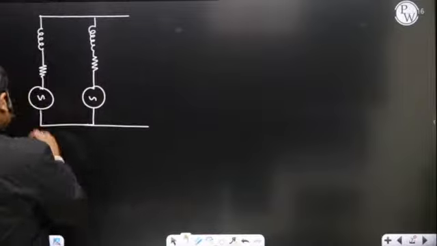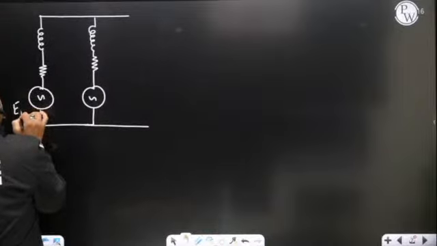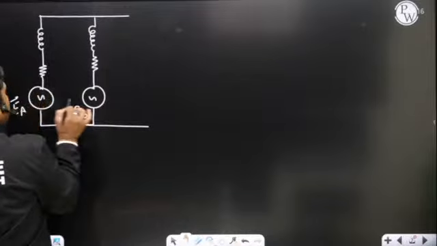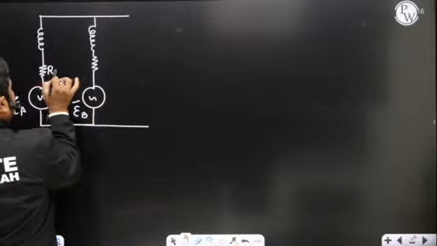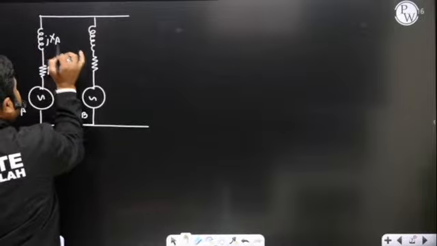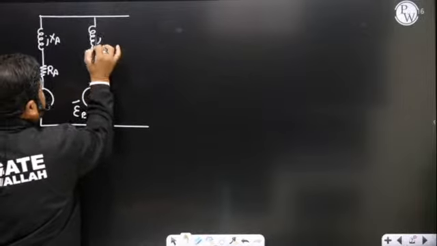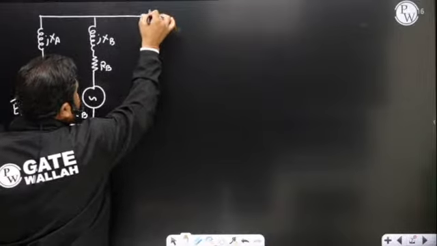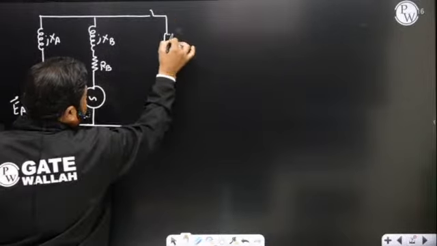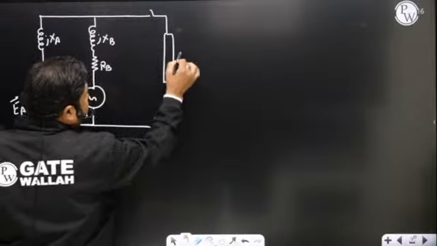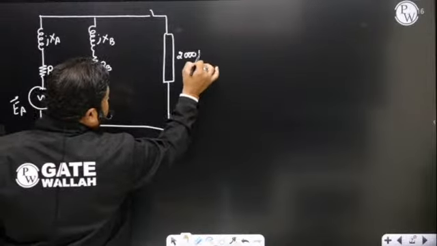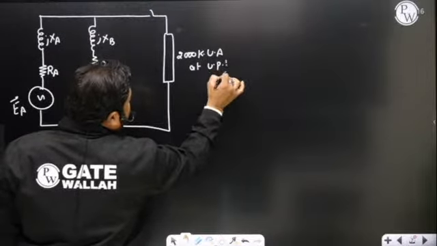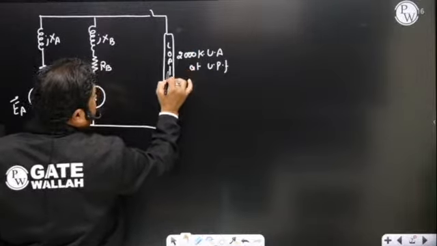So we have two transformers, let transformer A have EA and transformer B have EB. This will have RA plus jXA and this will have RB plus jXB. Now these two transformers are connected in parallel to feed a load of 2000 kVA at unity power factor. So we know about the load also.